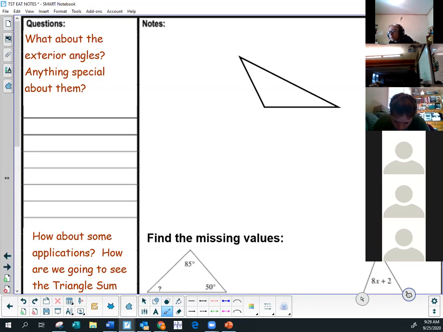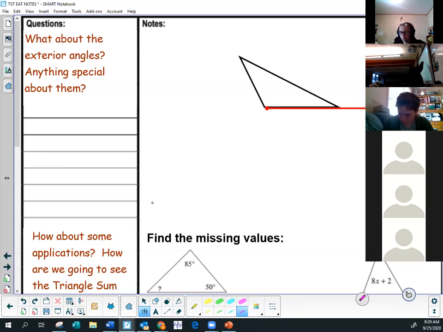Keep in mind that we're going to simply take one of the side lengths and extend it out. The exterior angle in this case, I'm going to label angle 1.